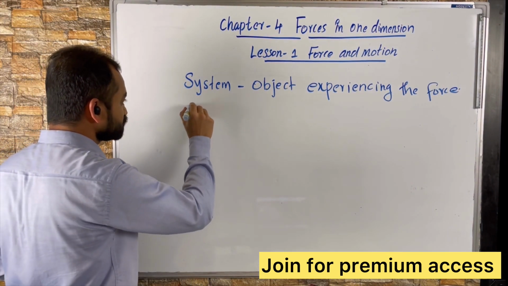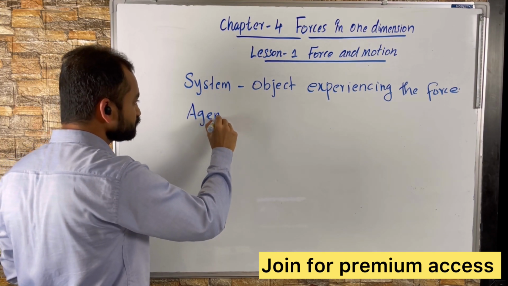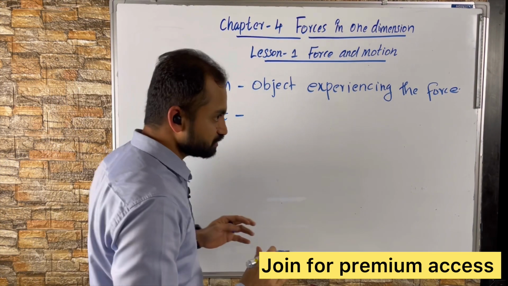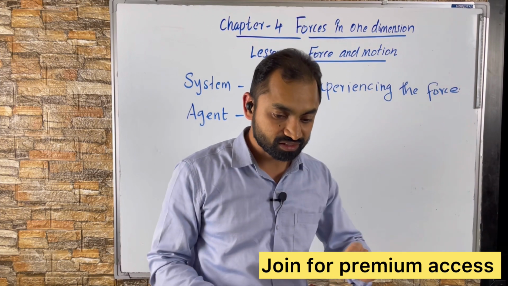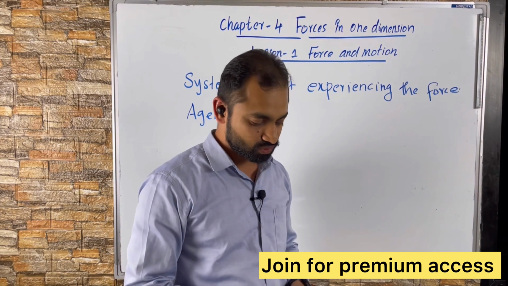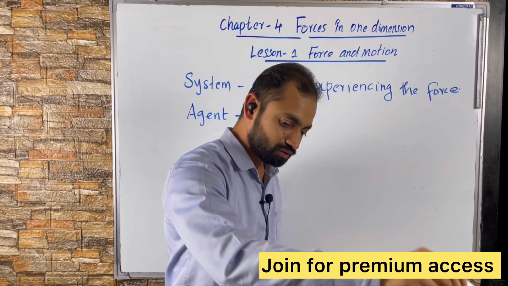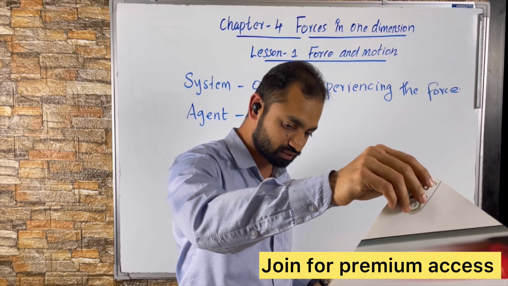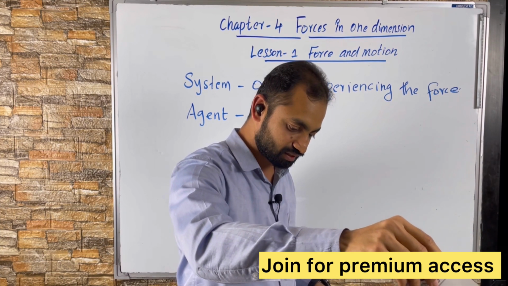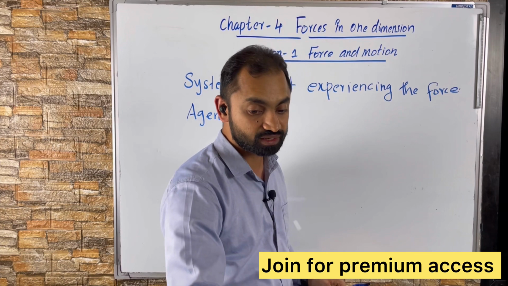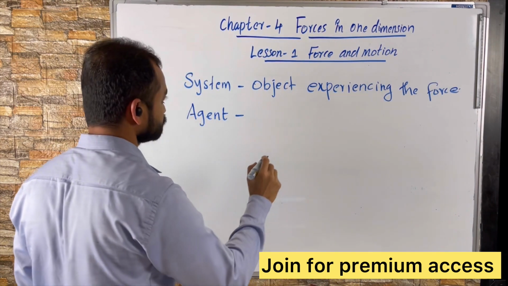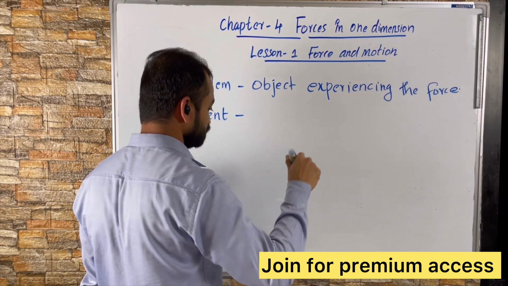And what is agent? Agent is the object that is applying the force. So here what is applying the force? My hand is applying the force, correct? So the hand is the agent. Do you understand? Hand is the agent.